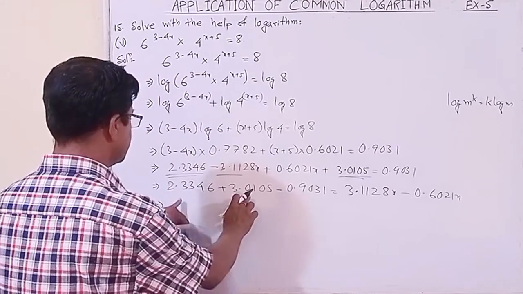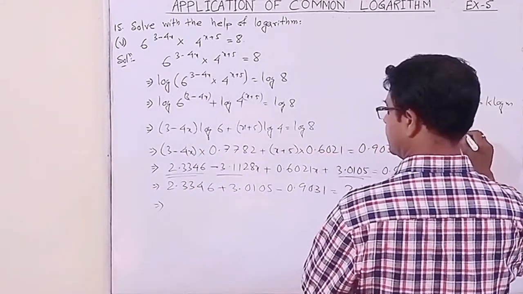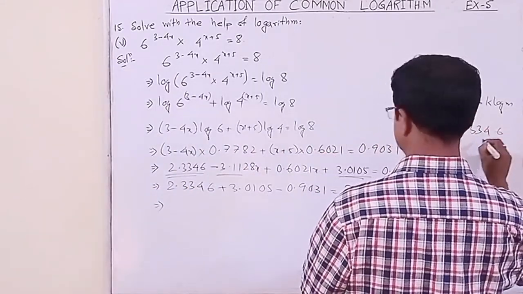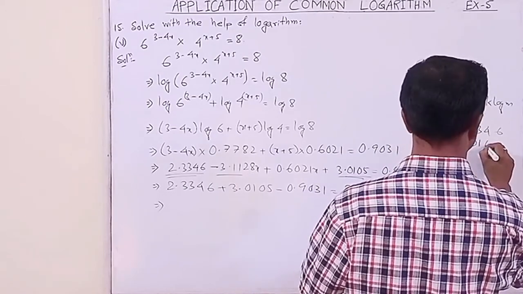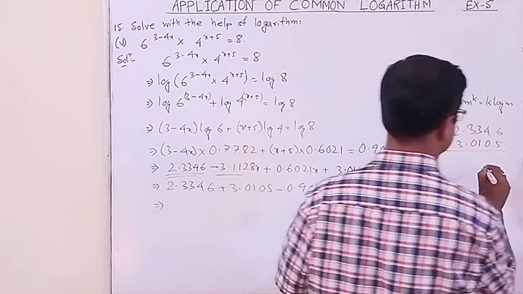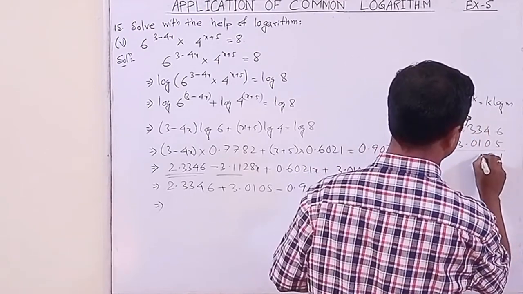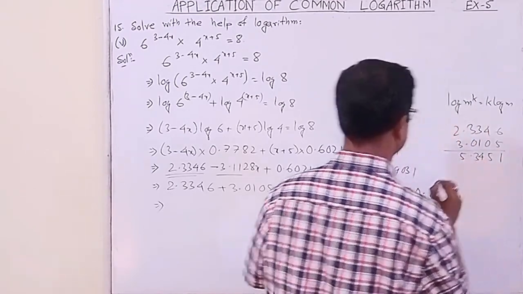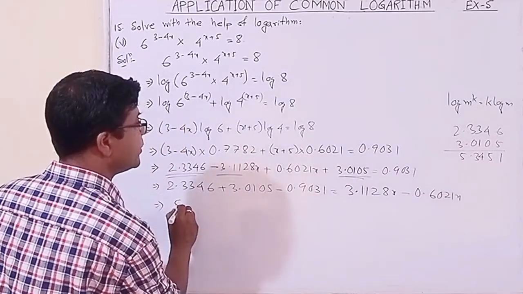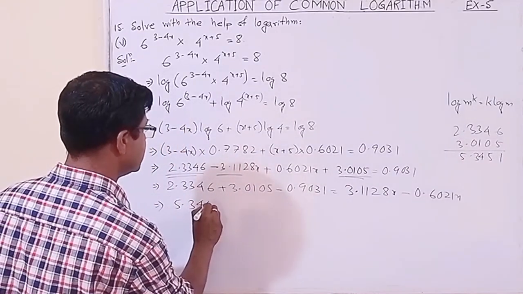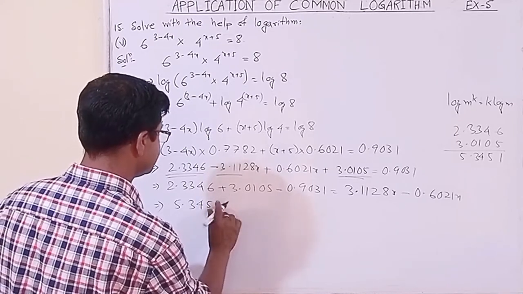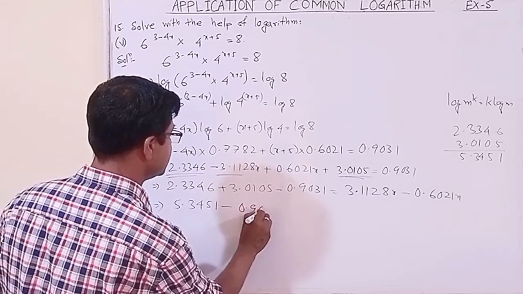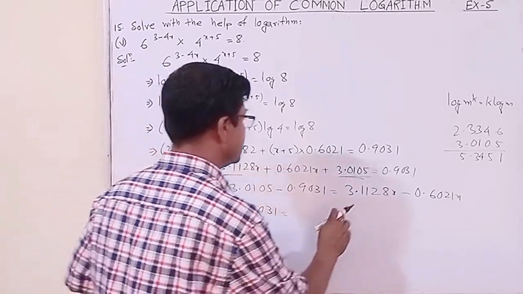Okay, now what we do? Let us add these two terms. 2.3346 plus 3.0105, this is 5.3451, then minus 0.9031.